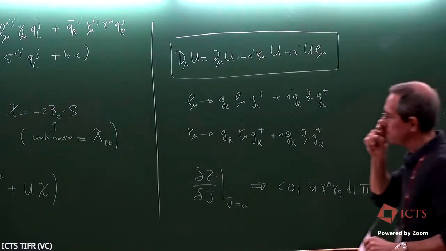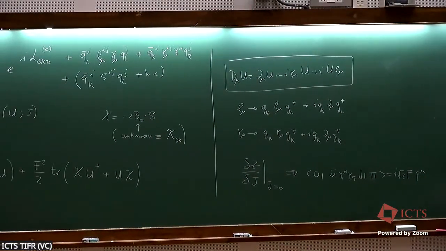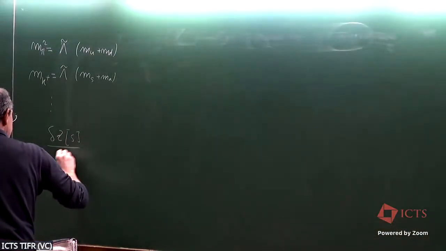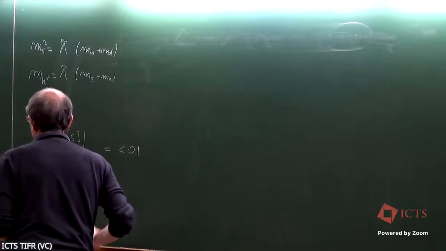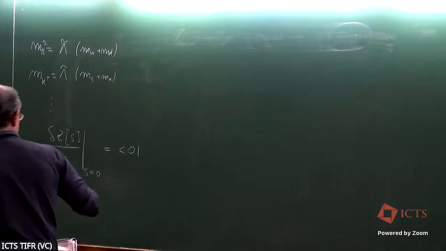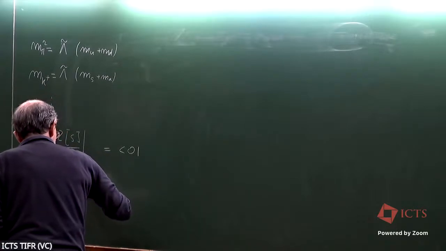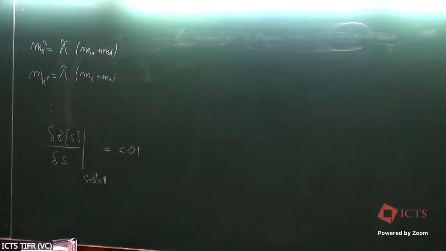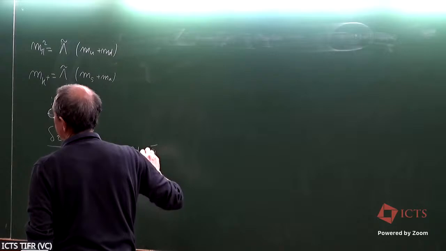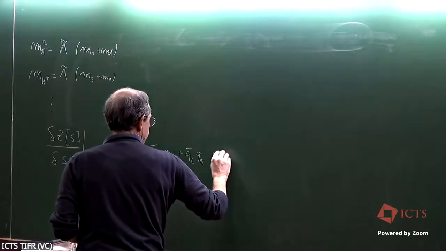And so I can do the same trick here. Now if I take my functional, which depends on S, and then I do a derivative with respect to S, I set S to be the identity, which means I couple a universal term to Q bar Q. So what I will get when I do this functional derivative is simply Q bar left, Q bar right plus Q bar right, Q bar left, because I have the other term coming from S dagger.